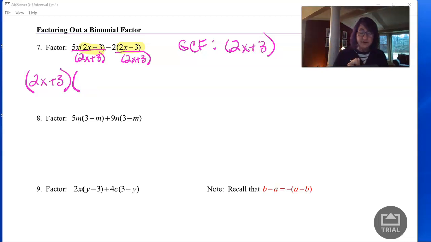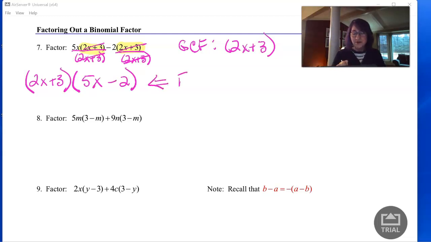In that first term, the 2x plus 3's reduce, and I'm just left with 5x. In that second term, the 2x plus 3's reduce, and I'm left with minus 2. This is referred to as the factored form.